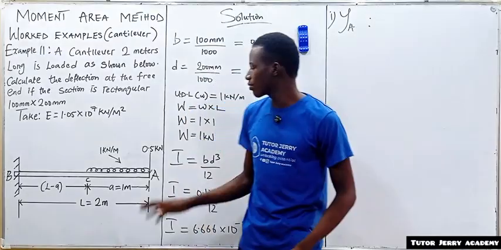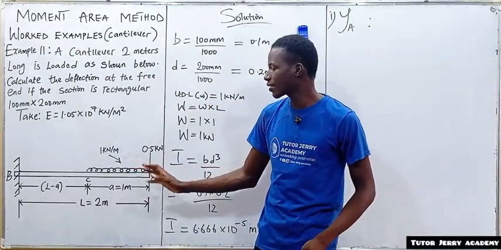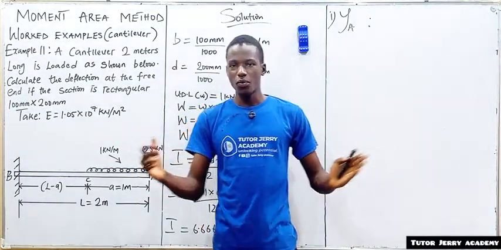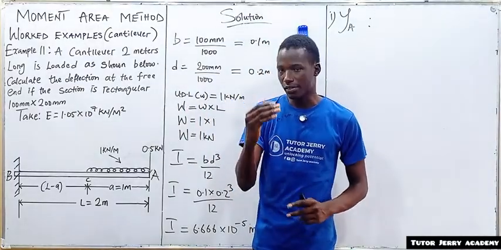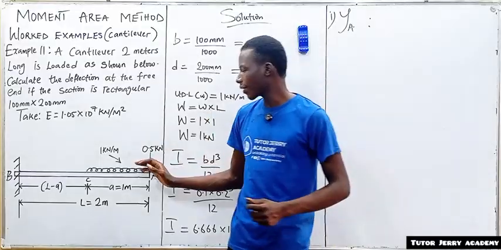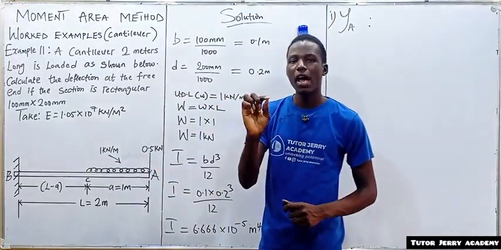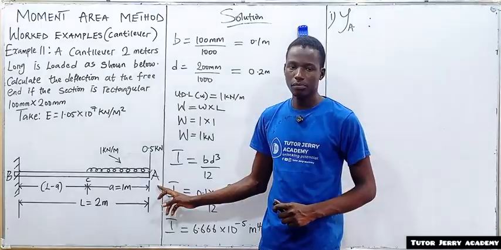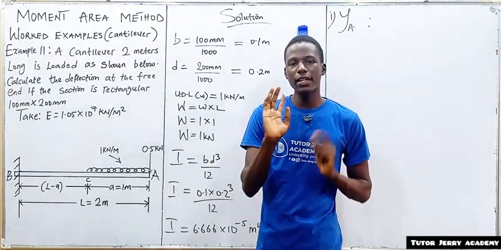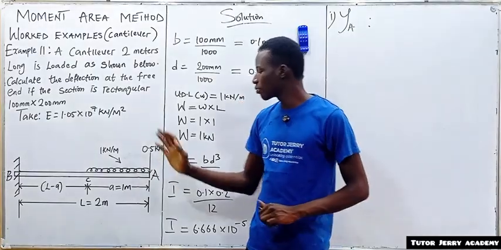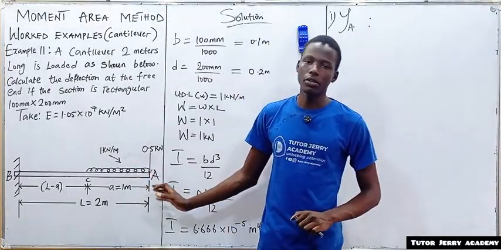So these two loads are basically two different cases. We have considered them in our previous lessons. We have considered a cantilever with a point load at the free end. We have also considered a cantilever with a uniformly distributed load at a distance a from the free end.